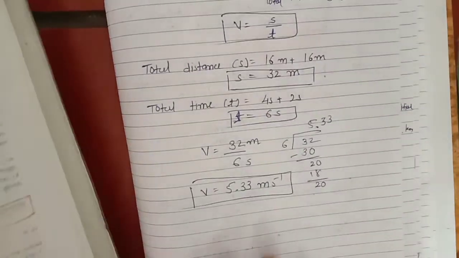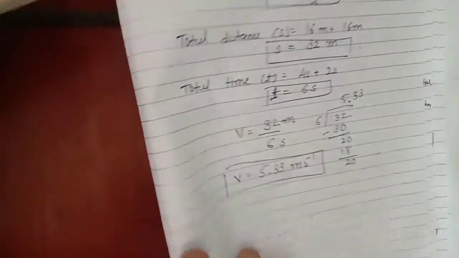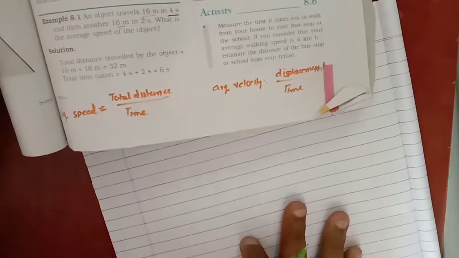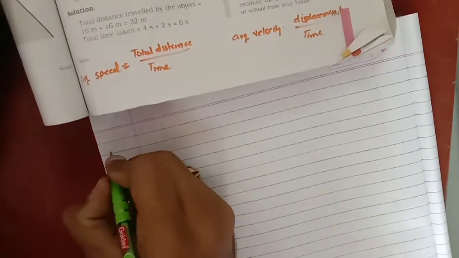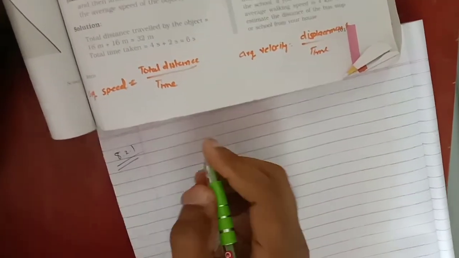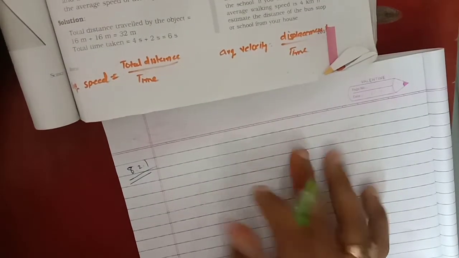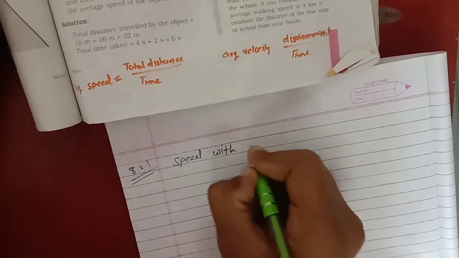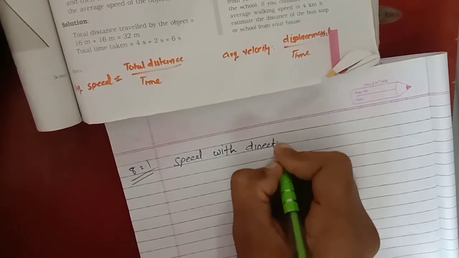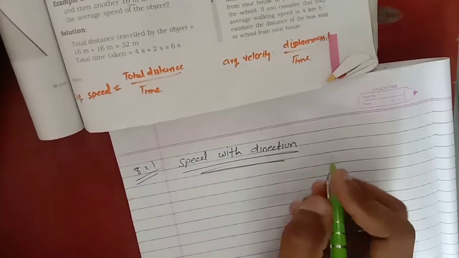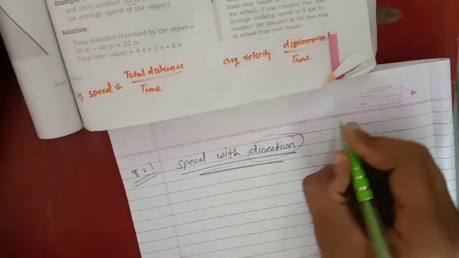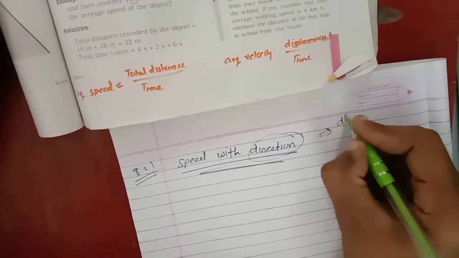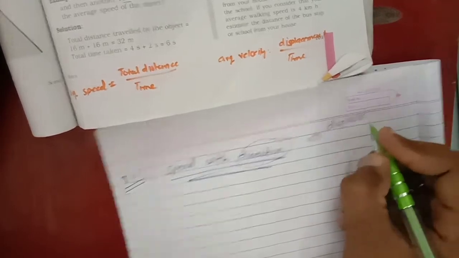Now next topic is what? Speed with direction. Till now we haven't discussed direction. Clear? So speed with direction. And when we take speed with direction, displacement comes into role.